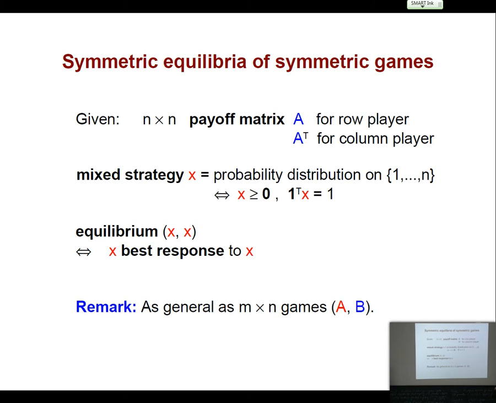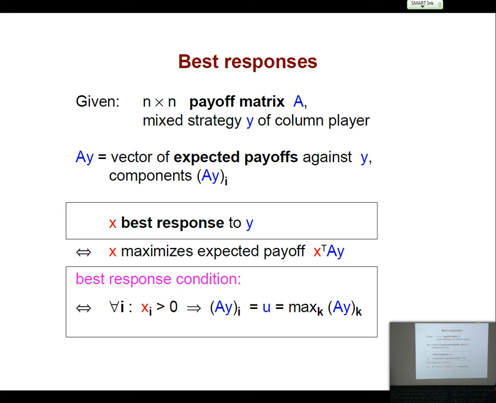Now, when is a mixed strategy a best response? A characterization of a mixed strategy being a best response is that you only assign positive probability within that mixed strategy to things that are pure best responses. A way to write that down is, if some component of your mixed strategy is positive, then the corresponding pure strategy must be a best response, and that is exactly going to be encoded as the complementarity condition in an LCP.